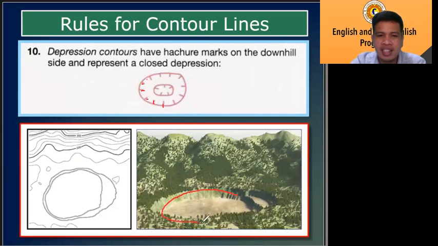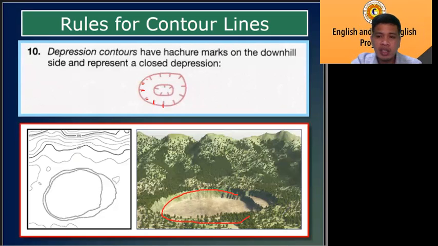It is a low point in the ground, or it could be described as an area of low ground surrounded by higher ground in all directions, on all sides.